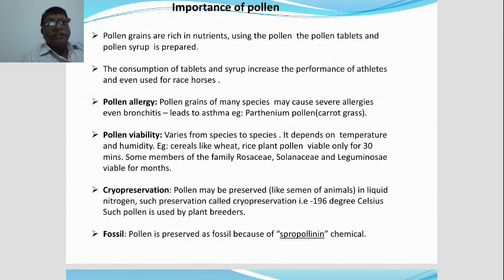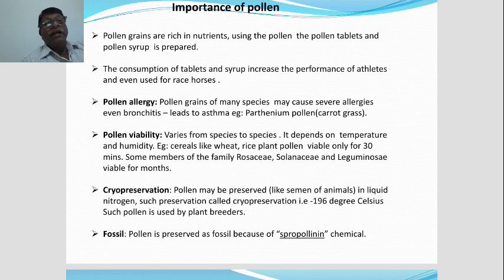Because of this reason, the pollen of some angiosperms is used in the preparation of pollen tablets. Pollen tablets are prepared and even pollen syrup is prepared.